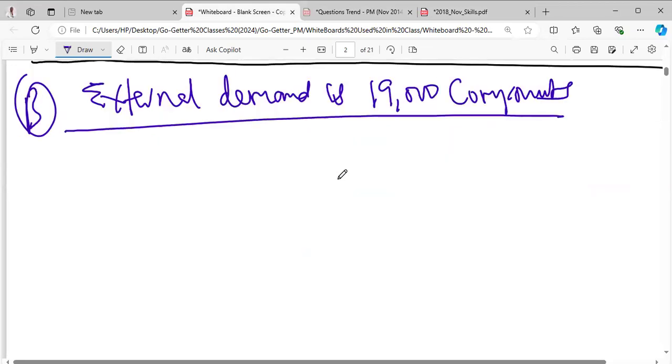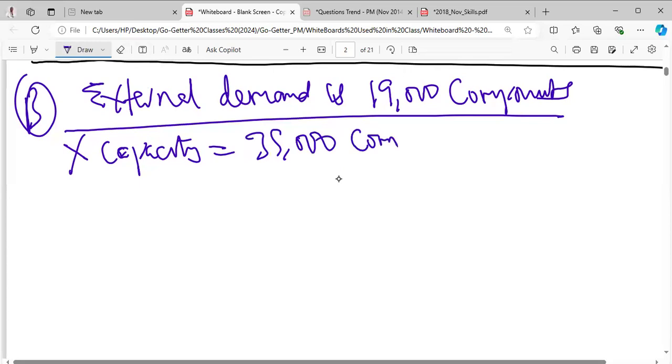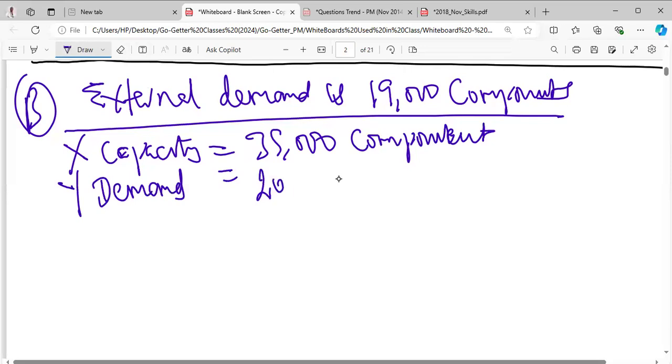So we start again. X capacity is 35,000 components. Y demand is equal to 20,000 components, and we said which must be satisfied.